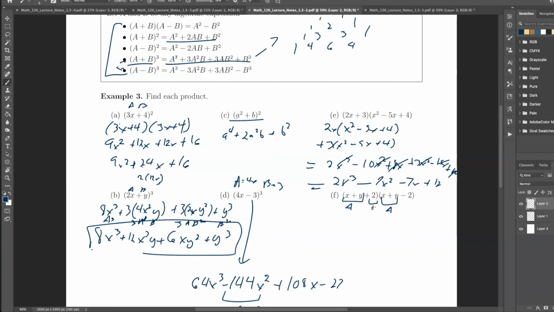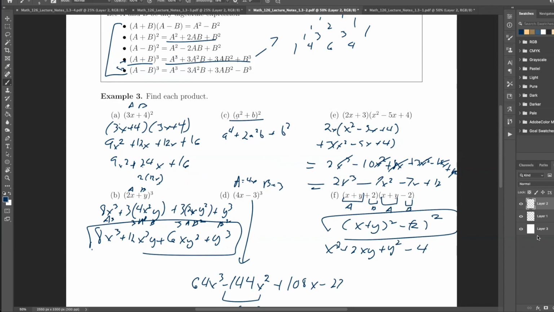So if x plus y is A and 2 is B, I'll have A plus B, A minus B. So I can write this as x plus y squared minus 2 squared. Keep it simple. If I wanted to expand that out, that'd be x squared plus 2xy plus y squared minus 4.